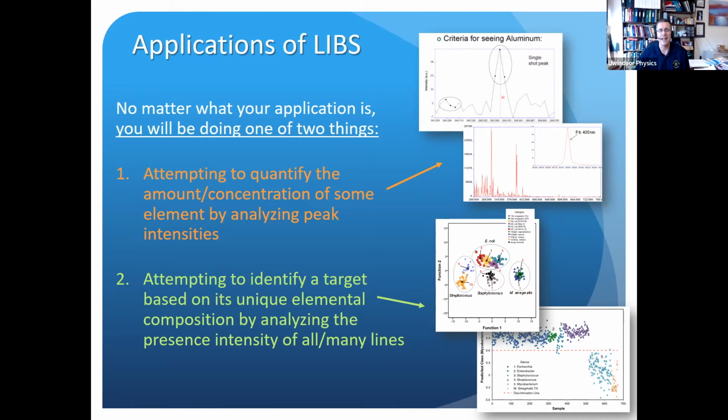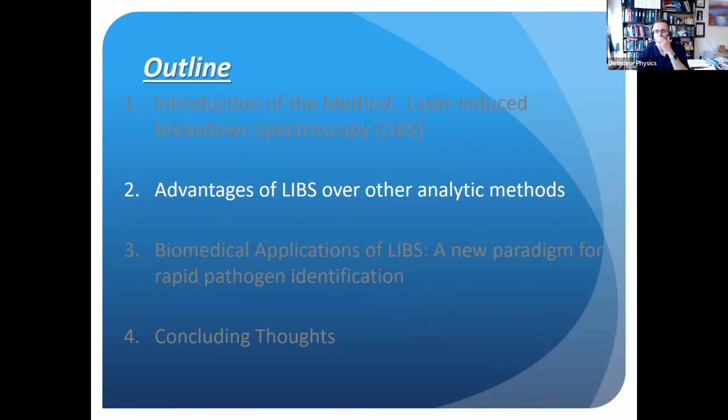I actually don't care what part per million anything is in my cells. I just want it to be reproducible and persist through time, and then it acts as a reliable fingerprint that tells me what that thing is every time. So everybody in my field is doing one of two things: they're either trying to measure the amount of some atom, or they're asking whether the ratio of all the atoms together is a chemical marker for this type of thing. LIBS is particularly good at those things.